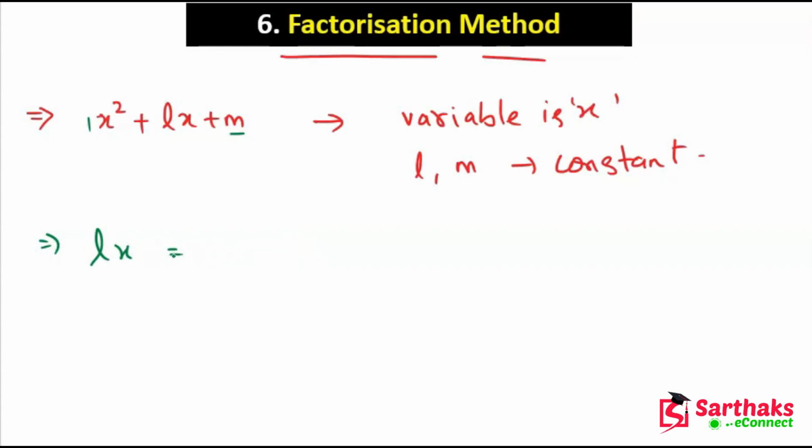Let's suppose we are splitting lx as ax plus bx. We have to split the middle term so that the sum or difference equals lx, and the most important condition is that the product a into b is always equal to m into 1, which means the product of the constant term and the coefficient of x square.